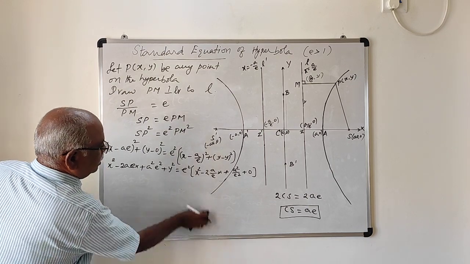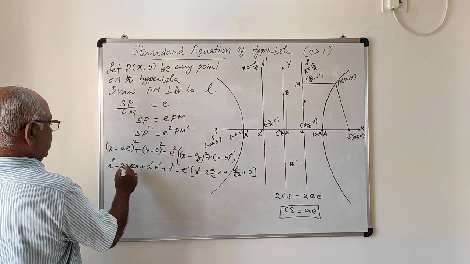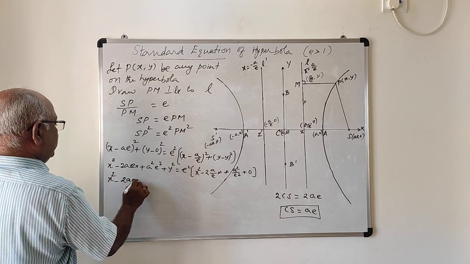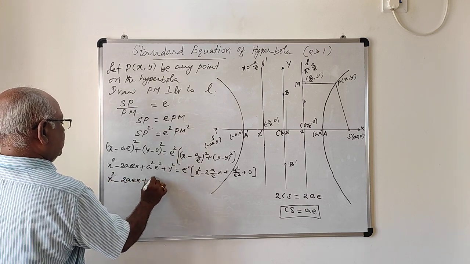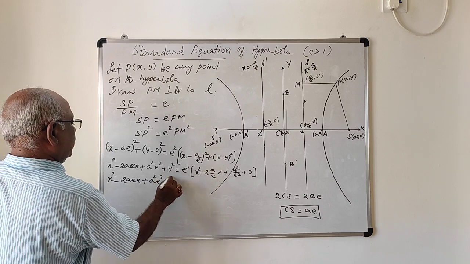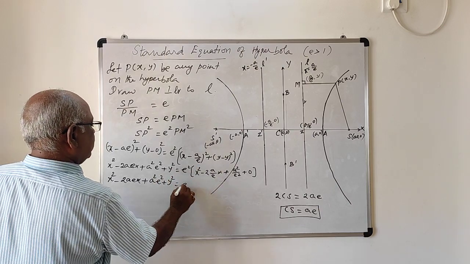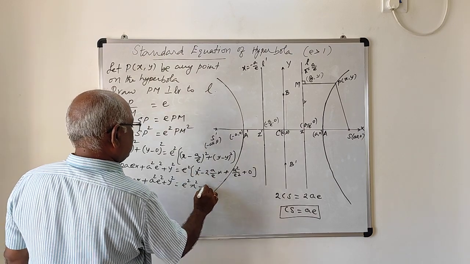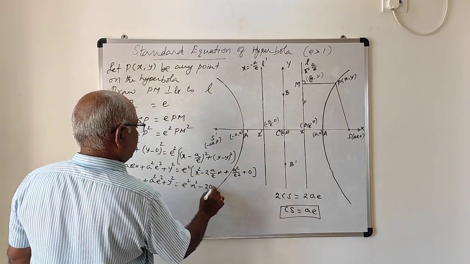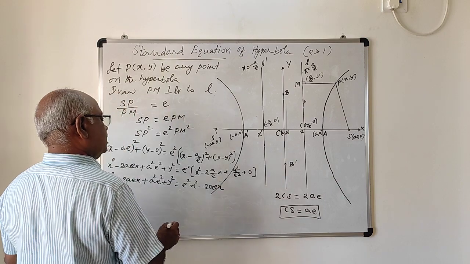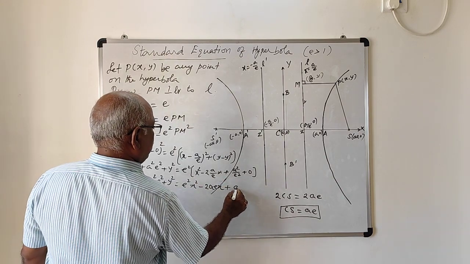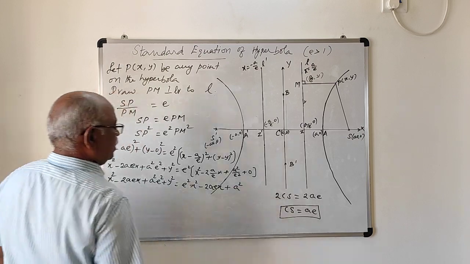Again by simplifying, x square minus 2aEx plus A square E square plus y square equal to, bringing E square inside, E square x square minus 2aEx plus A square.